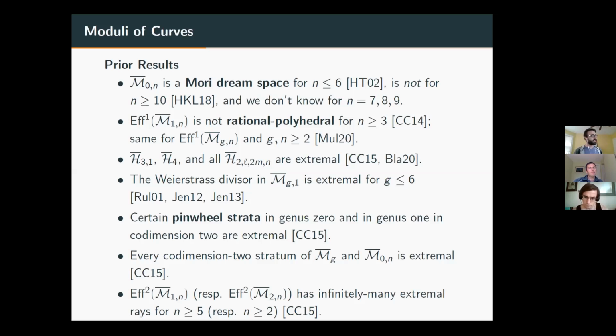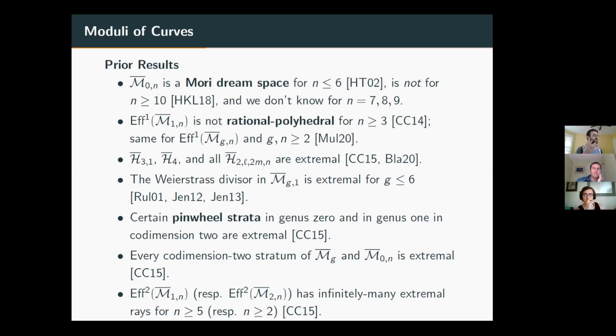And then the codimension 2 cones for genus 1 and genus 2 with sufficiently many marked points have infinitely many extremal rays. So in particular, you don't say Mori dream space when you're talking about higher codimension things, but they're the rounded type cones as opposed to the polyhedral ones.